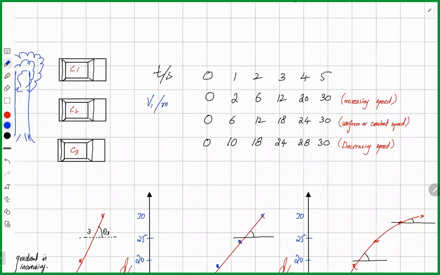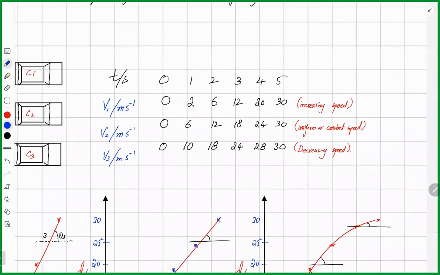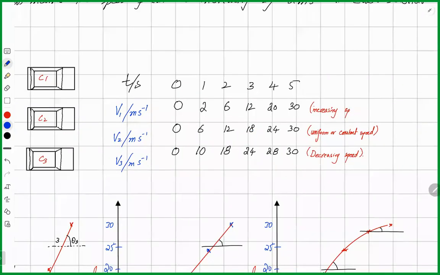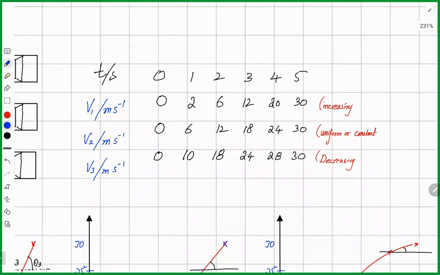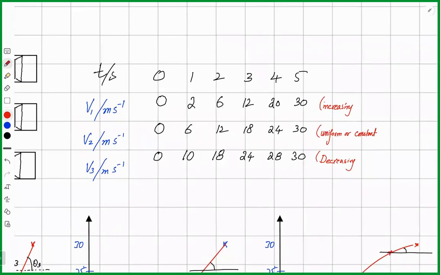V1 in meter per second, V2 in meter per second, V3 in meter per second. And obviously, there will be some changes here as well. The first one, look, the speed of the car is changing and it is 0 right now. It becomes 2, and then speed becomes 6, and then speed becomes 12, and then speed becomes 20, and then speed becomes 30. So what is happening?